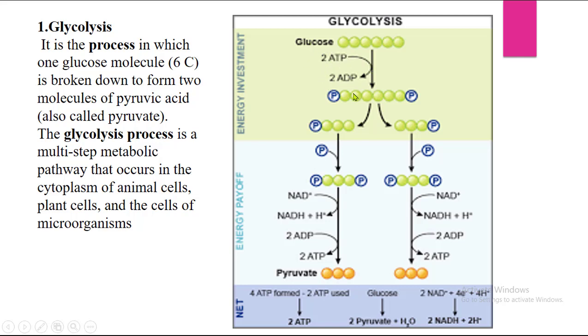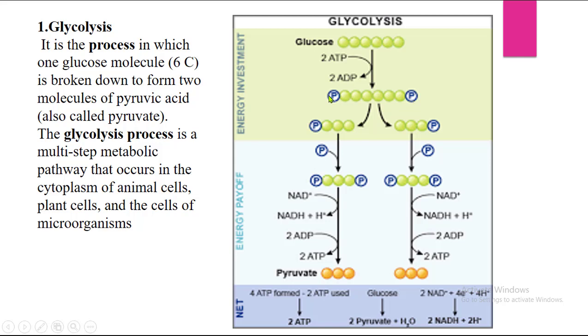It uses ATP molecules to convert this glucose. First it uses one ATP and is converted into fructose 6-phosphate, then it utilizes another ATP and is converted into fructose 1,6-bisphosphate. Fructose is an isomer of glucose, but the difference is that it has two phosphate groups.